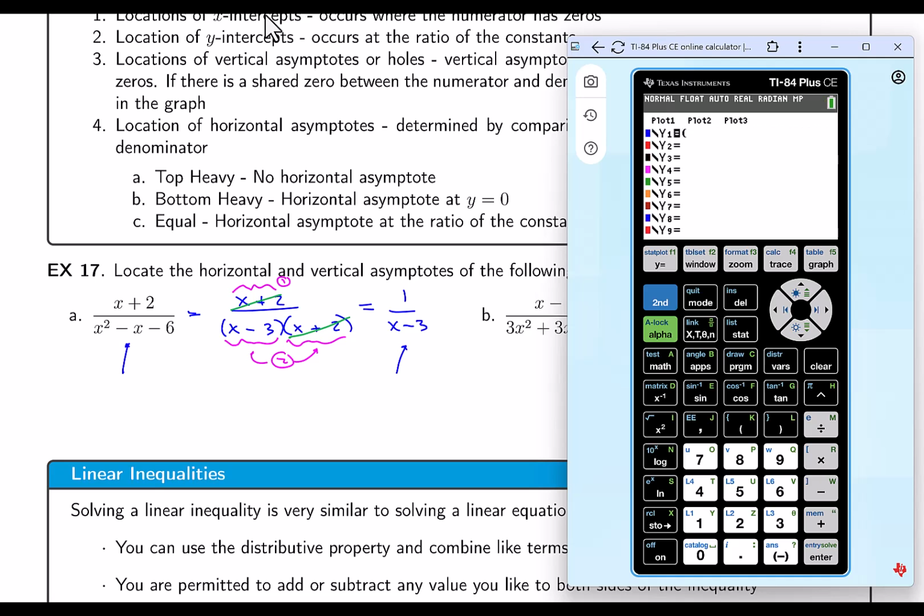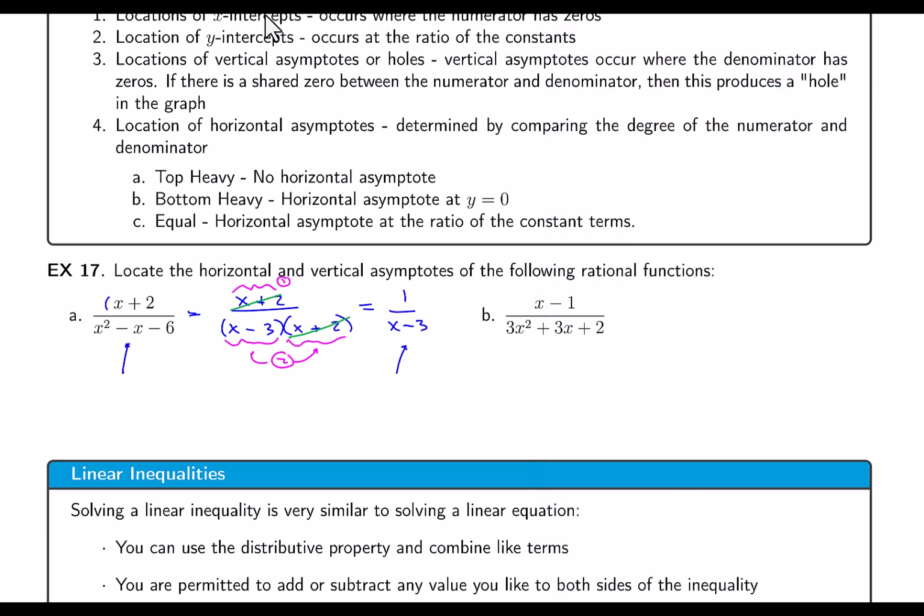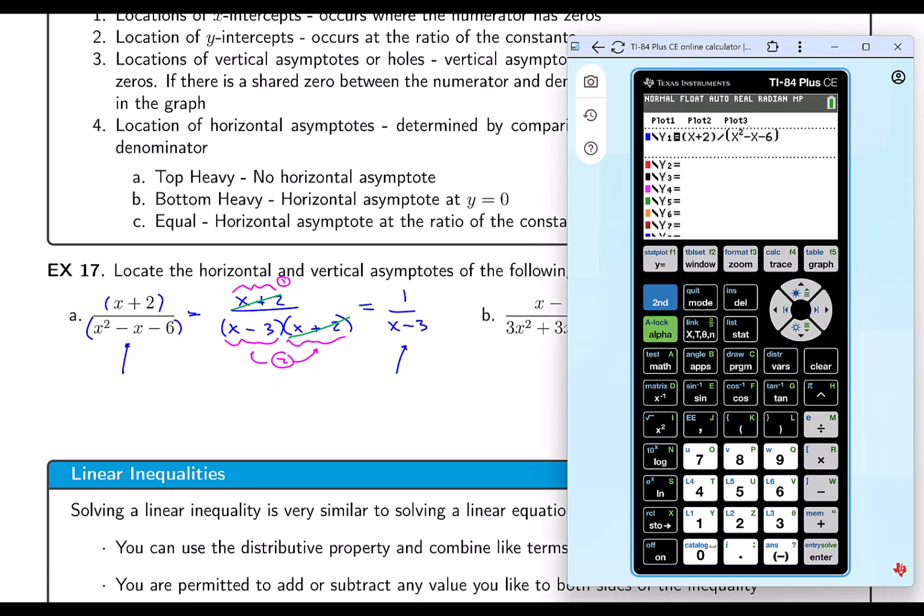All right, so the first function is x plus 2 over x squared minus x minus 6. And if you're unsure as to how to do parentheses in the calculator, if you have rational functions, just automatically put parentheses around the numerator and denominator, and that will solve like 90% of your problems. Okay. The other one is 1 divided by x minus 3.